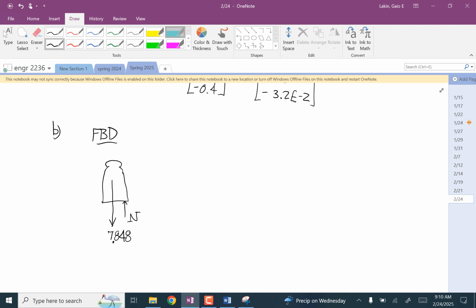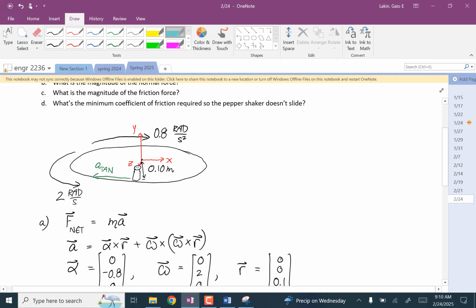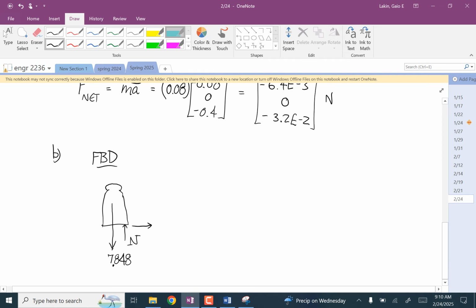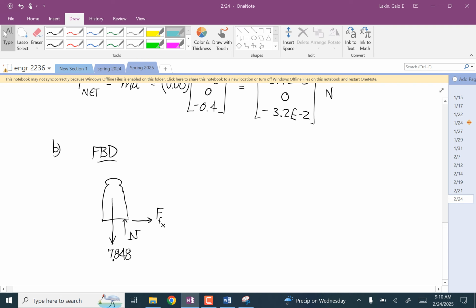And then we also have some friction components. The friction is always going to be acting in the plane of the surface. So if I get my coordinates right, I'm going to call this force of friction, x component. And then these two are in the y component. And we can't see what's happening in the z direction. So I'm going to use Newton's second law just in this plane.